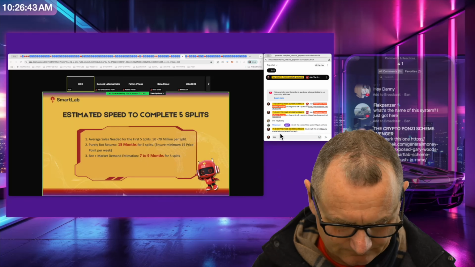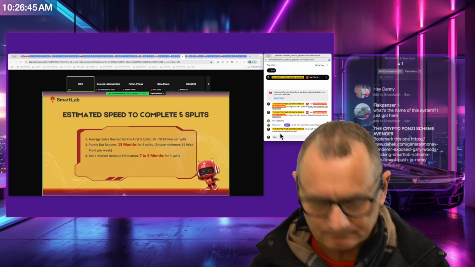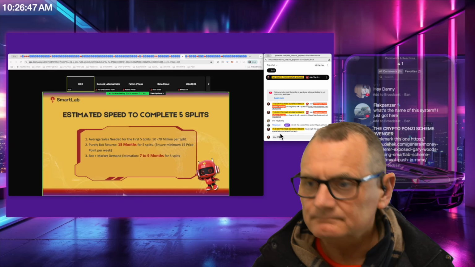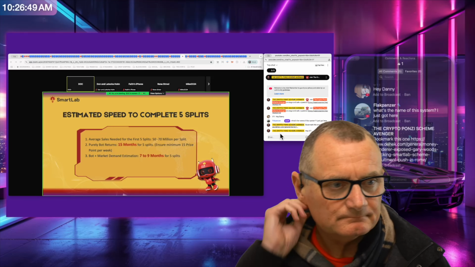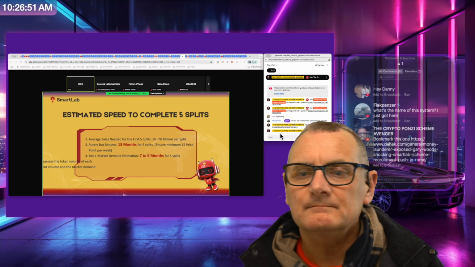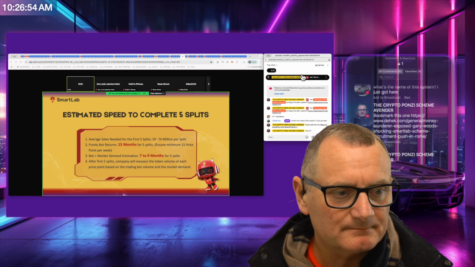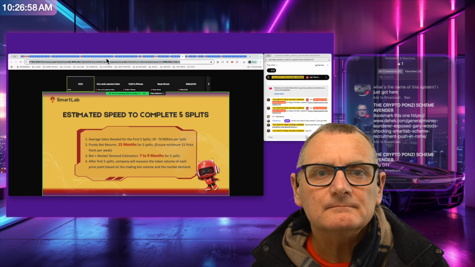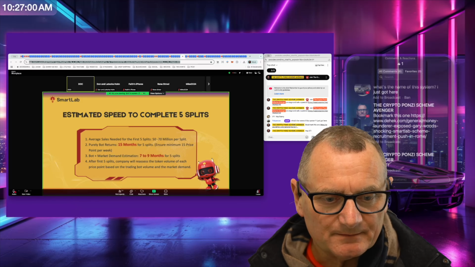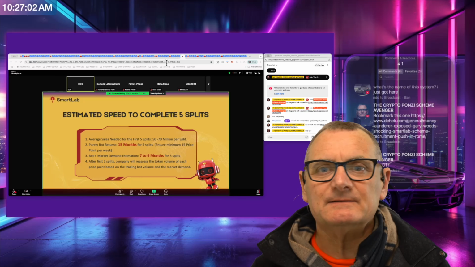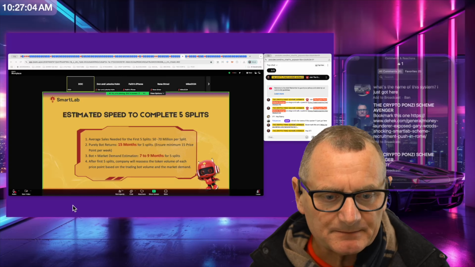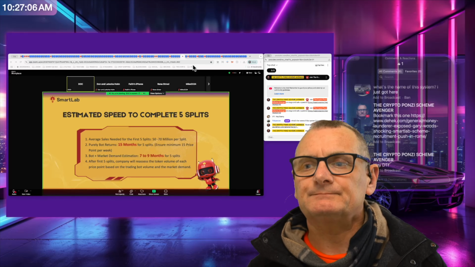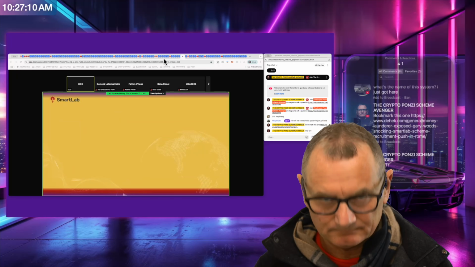But the bot, if we get market demand, which we have absolutely had, cuts that time in half, clear down to 7 months, could potentially even be less. After the first 5 splits, the company reassesses the token volume of each price point based on the trading bot volume and the market demand. So I'm just going to open up a couple of other meetings here. So this first run of 5 splits is being watched very closely, and it's performing extremely well.